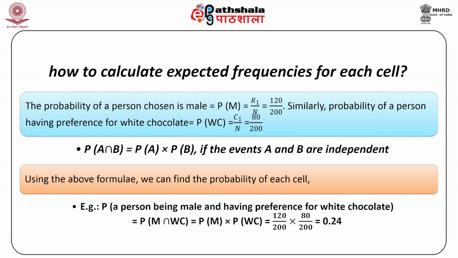I am sure you know that from the theorems of probability, probability A intersection B is equal to probability A into probability B if the events A and B are independent. Now, using this formula, we can find the probability of each cell, which is nothing but the probability of a person being male and having preference for white chocolate. Now, this could be calculated as probability of M intersection WC.